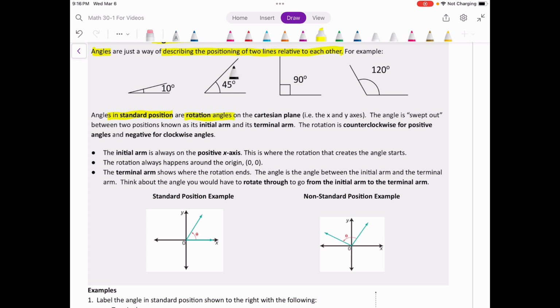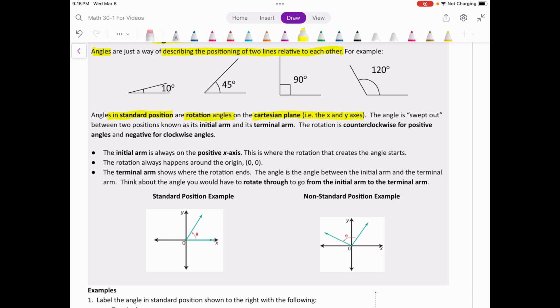So we're essentially imagining, okay, if I started from here and I rotated to here, what angle would I be rotating through? So for this one, that's a 45-degree angle, right? If I started at this position and I rotated through to that position, I've rotated through a 10-degree angle, 90-degree angle, 120-degree angle, etc.